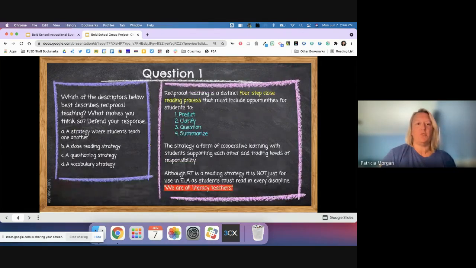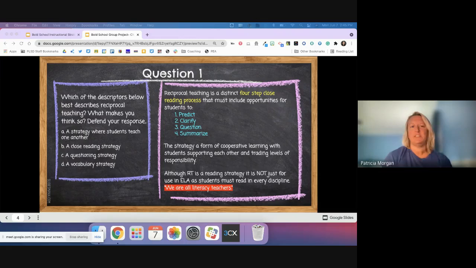So our first question was, which of the descriptors below best describes reciprocal teaching, and what makes you think so? Defend your response. It really was described in the chapter as being a close reading strategy that has 4 distinct steps.